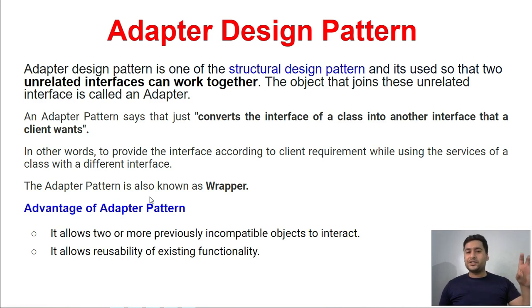Now we are learning the structural design patterns, which are based on the architecture of our DAO layer, service layer, or we can add one more adapter layer. If you talk about the project flow, in our project we have first a controller, then service to DAO.